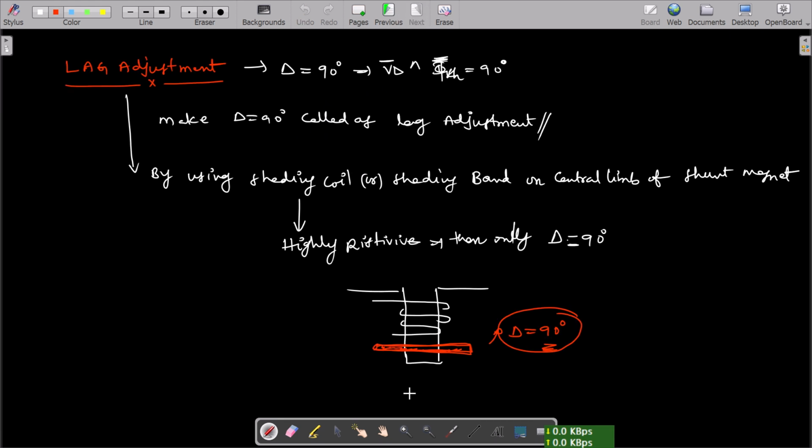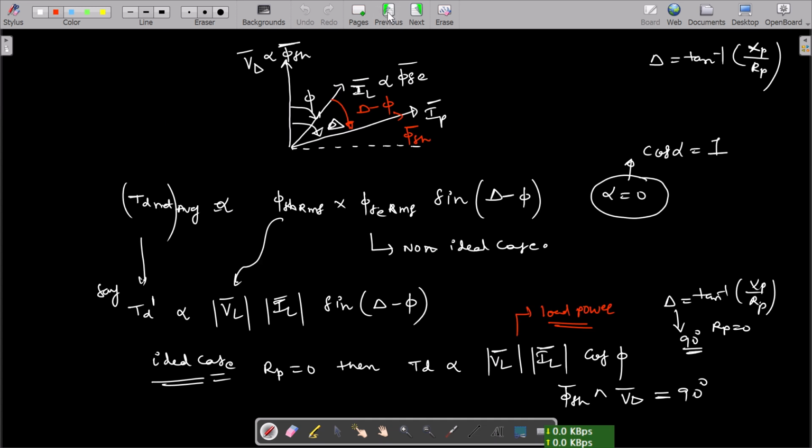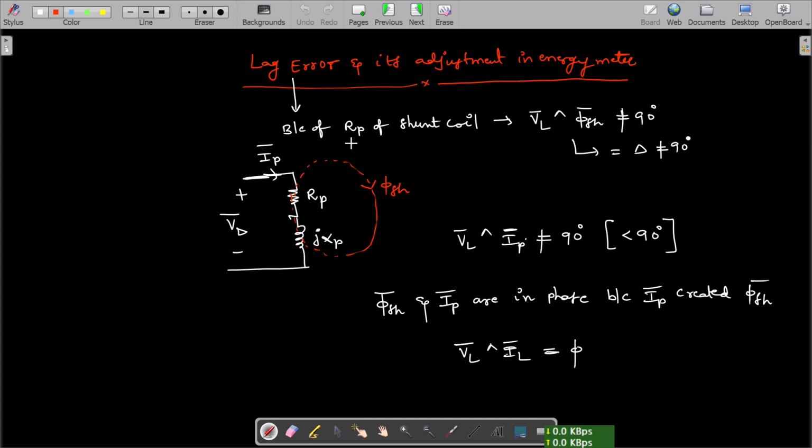So what is a lag error? Because of the resistance of the shunt coil, the angle delta will not be equal to 90 degrees, and this error is removed by using the shading band. And this is about lag adjustment. Thank you.